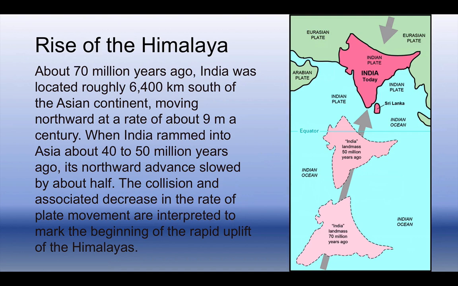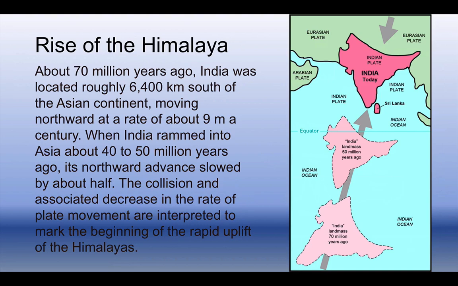That rapid movement, crashing the two continental zones together, has created the biggest mountains in the world. It was moving about 9 meters a century, very, very rapidly for a plate.